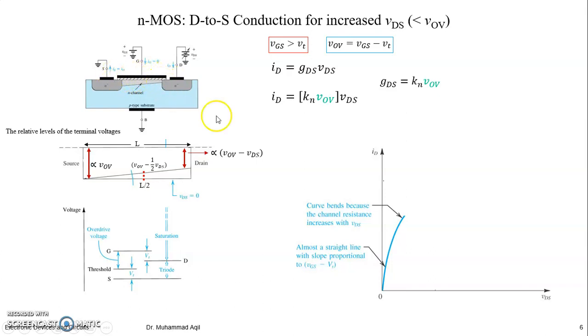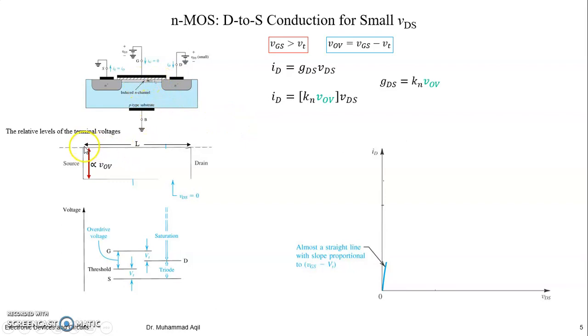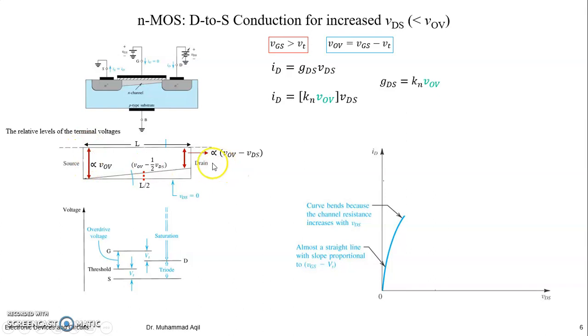So the channel was uniform from source to drain, with the same depth. But now the drain potential is increased; it's not zero, and it's not in millivolts.